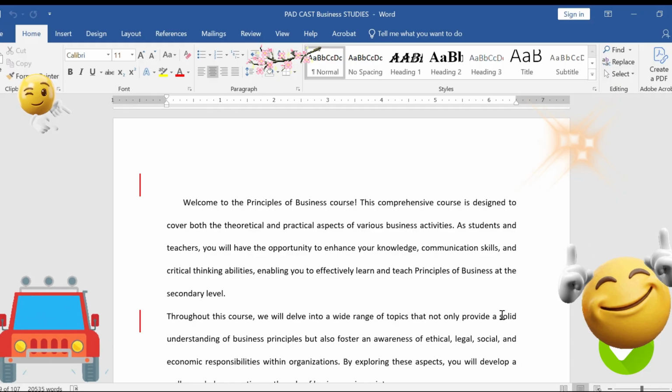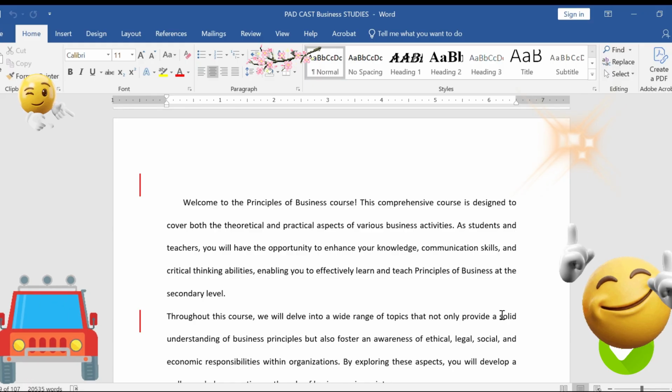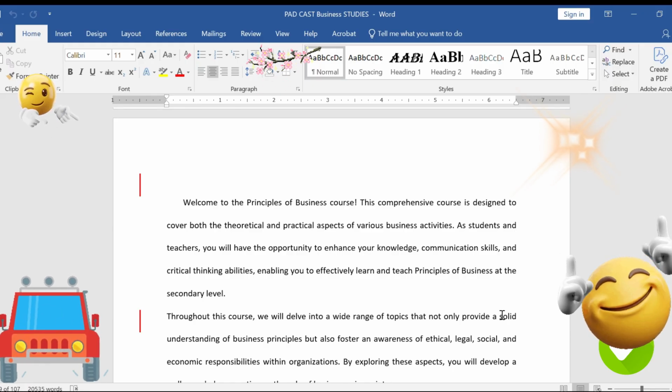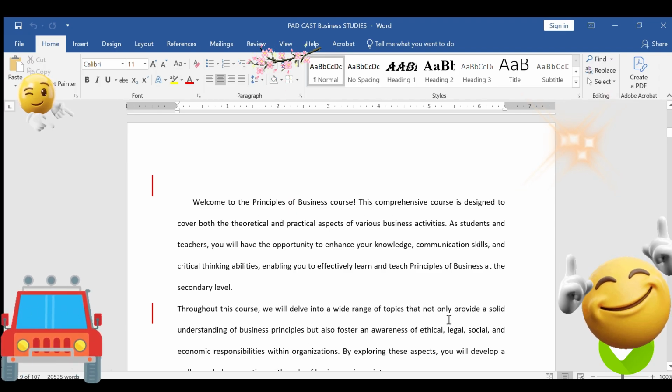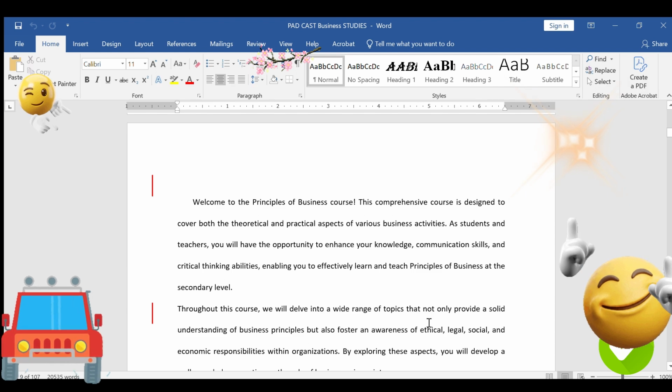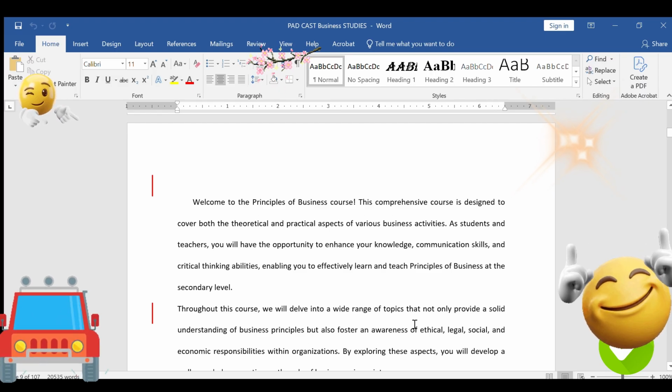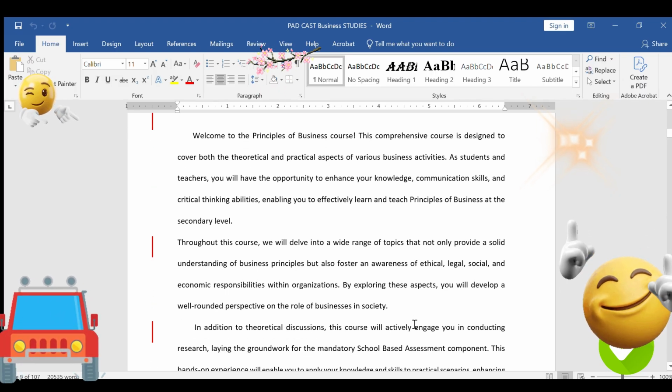Plus Business course for the CSEC exam. This comprehensive course is designed to cover both the theoretical and practical aspects of various business activities. As students and teachers, you will have the opportunity to enhance your knowledge and critical thinking abilities.